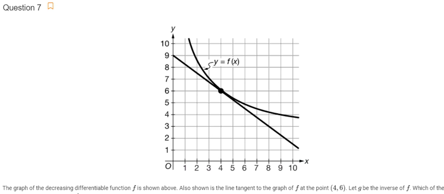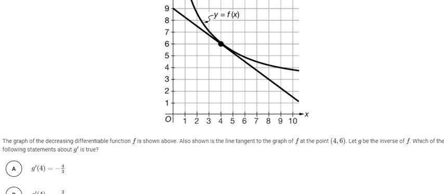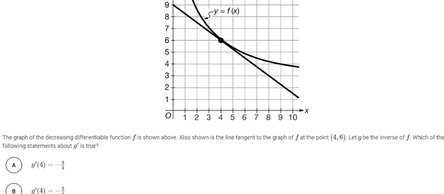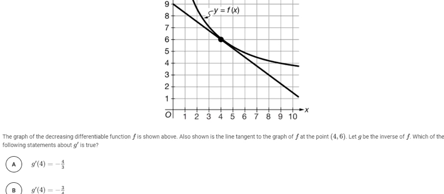All right, this one here. Now, I don't know if there's any way I can shrink this. I'm not going to mess with it. All right, what are we looking at here? We've got decreasing function, line tangent at 4, 6. Okay, this is true.